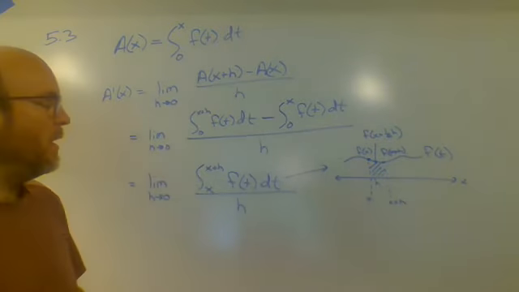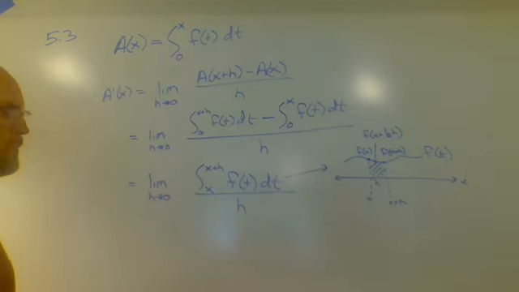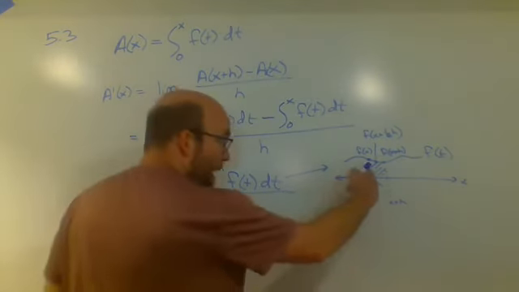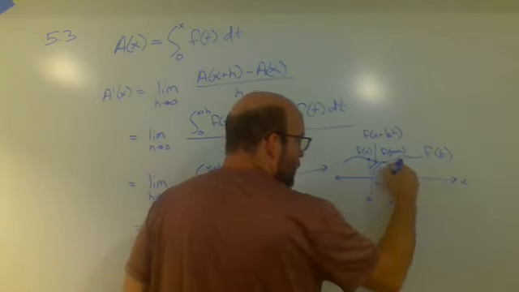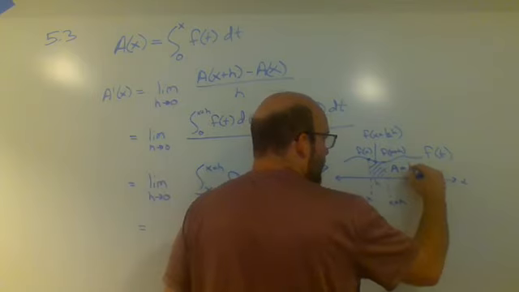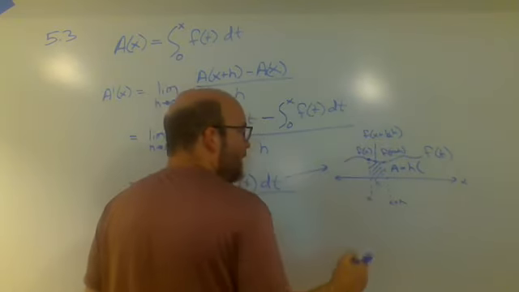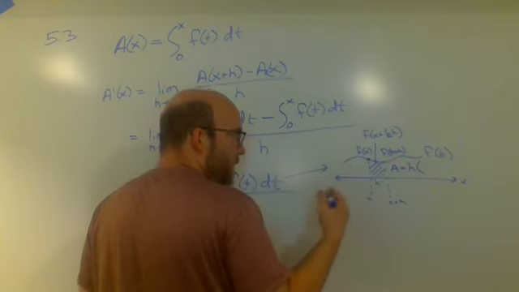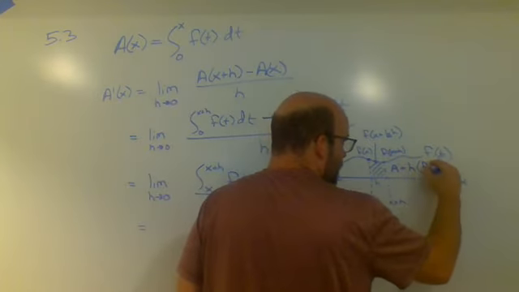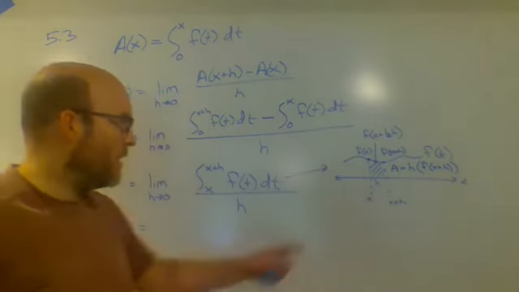And then down below the base is just h. So the area of that rectangle that we're using to approximate is just base times height, so it's base times whichever one of these three heights you want to use. Let's use the f of x plus h. So we're taking h times f of x plus h using a right Riemann sum.